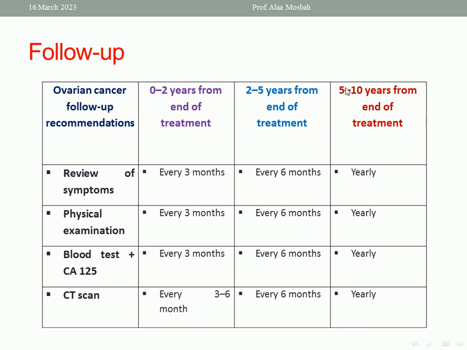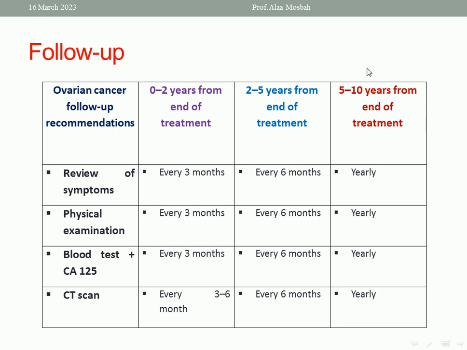What about if the patient ended the treatment 5 to 10 years ago? Okay, I should prolong the duration of follow-up, with visits yearly. Every year you should see the patient and evaluate the symptoms, do physical examination, ask for CA125 and the blood test, also CT scanning every year.